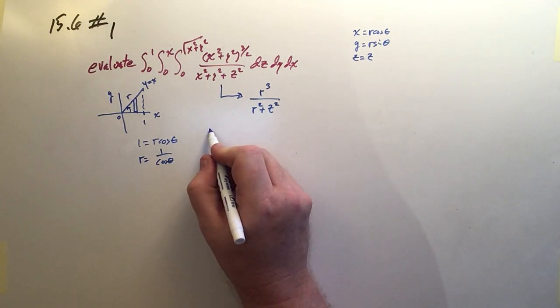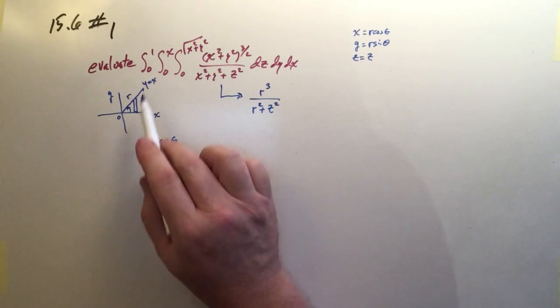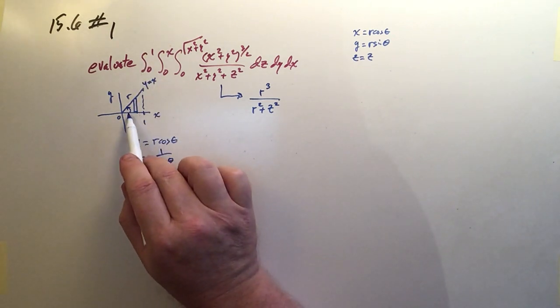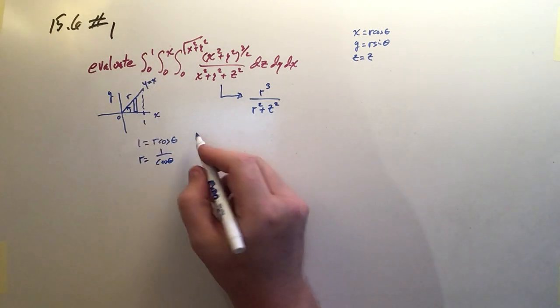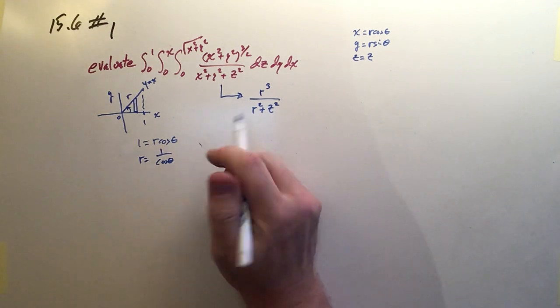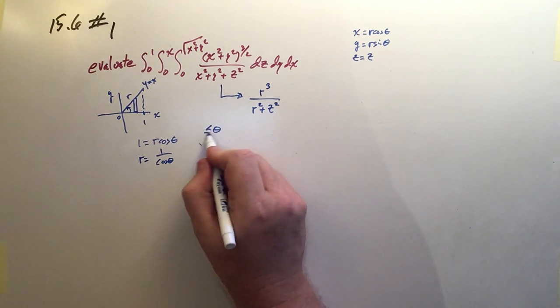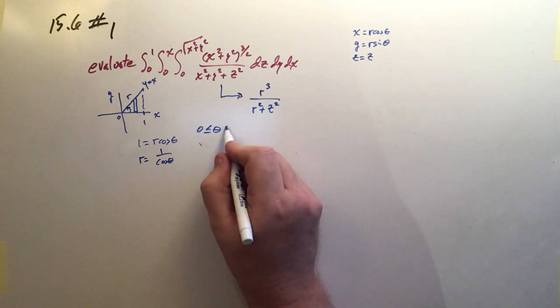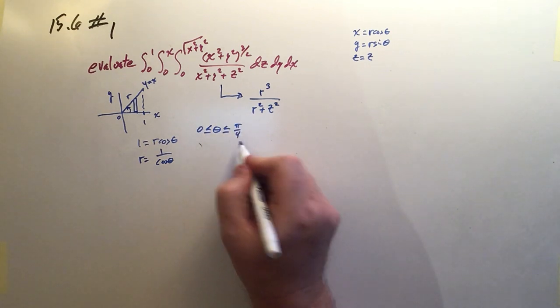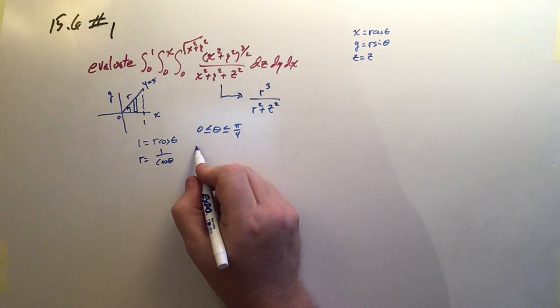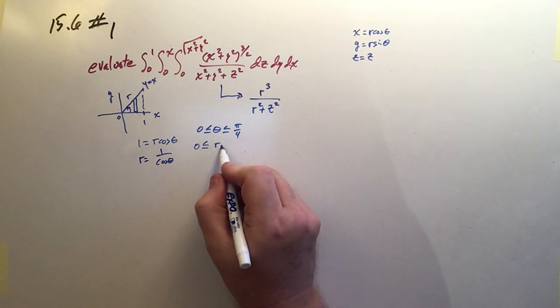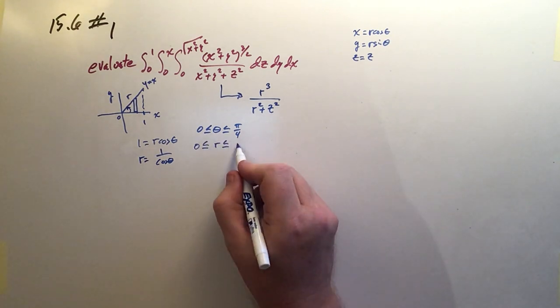So x was going to go from 0 to 1. That means theta is going to go from 0 to pi over 4. So theta in the plane starts at 0 and finishes at pi over 4. And then r starts at 0, and r moves all the way up to 1 over cosine theta.